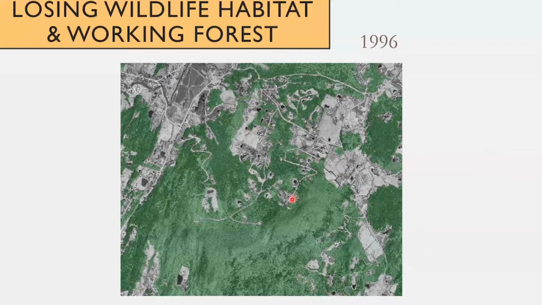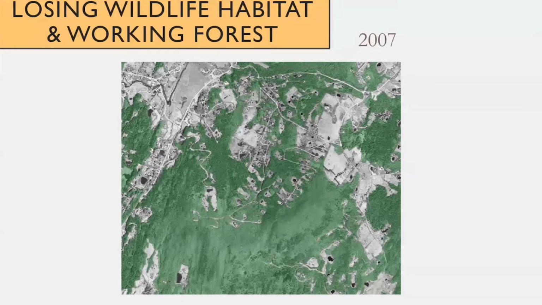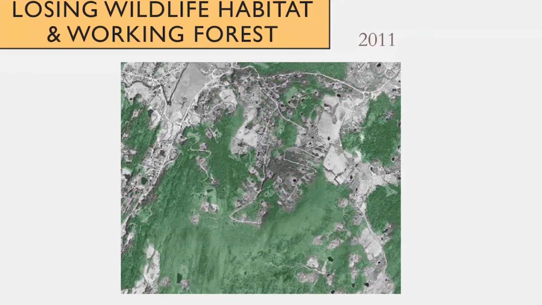So off of this first road, you can see a number of residential lots have been added in, and we have this whole other network here coming in from the north. There's also another residential network of development happening in here. By 2007, that pattern continues, and by 2011, we've largely lost that connection between this northern block here and the main block.